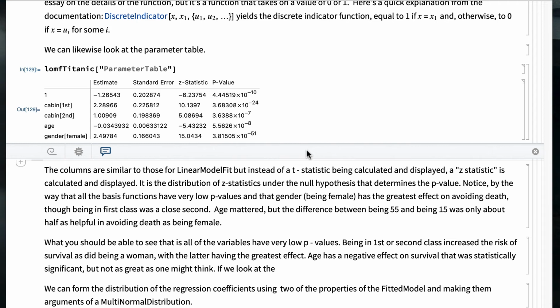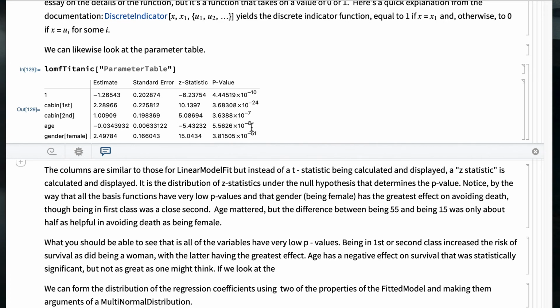All right, so let's take a look and figure it out. Who lives, who dies? Being a woman definitely helped you survive. Remember, we can think of these estimates as updating the log odds of, in this case, surviving, and our p-value is essentially 0. Age is a negative, but not a huge negative on a linear basis.